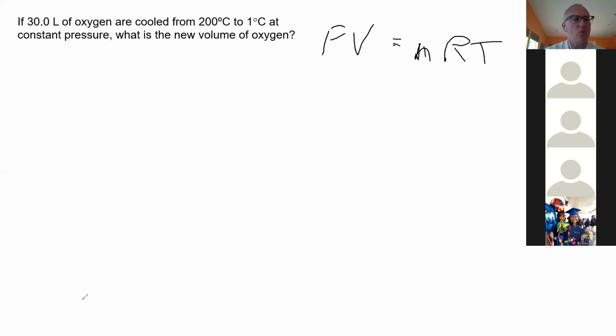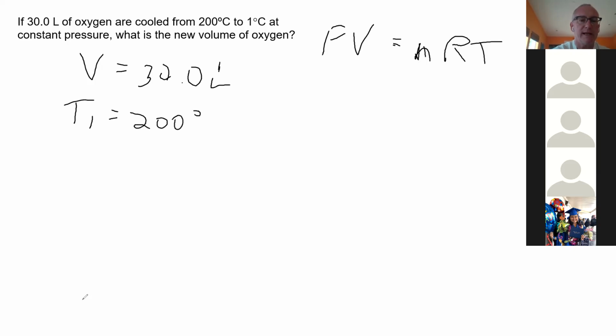So we have 30 liters of oxygen. Okay, so we've got a volume. So our volume is 30 liters. We've got two temperatures: temperature 1, which is 200 degrees C, and temperature 2, which is 1 degree.